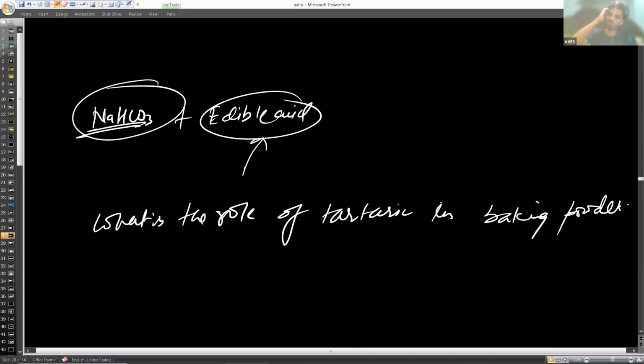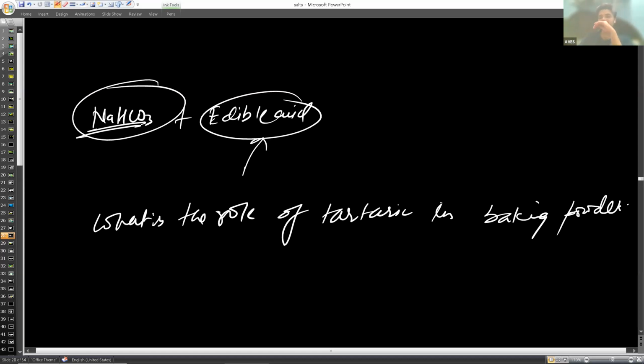How? And why is it bitter in taste? Why is baking soda bitter in taste? Yes, Harshit, answer me. Because we're adding edible acid in it. No. If you are adding acid, it will not be bitter in taste, it should be sour.